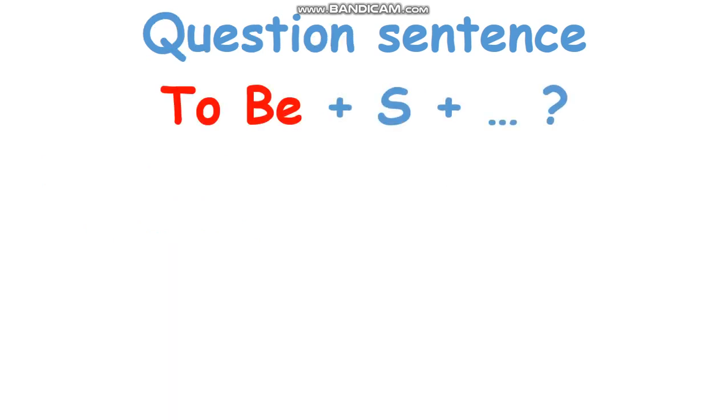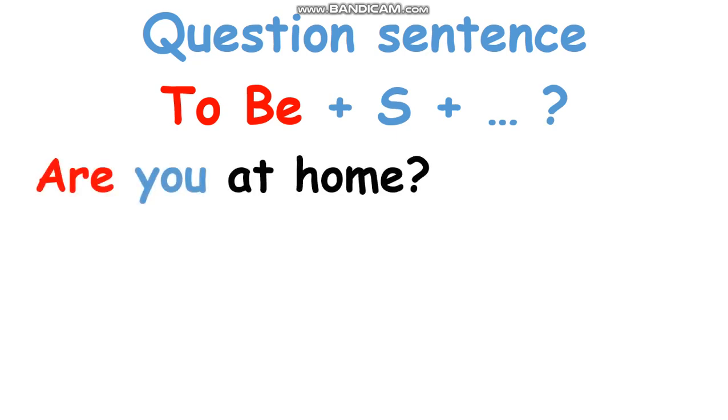Alright, so now let's go to the question. For a question we have to use the verb to be in front of the subject. Let's see the example. Are you at home? You see the verb to be are in front of the subject you.